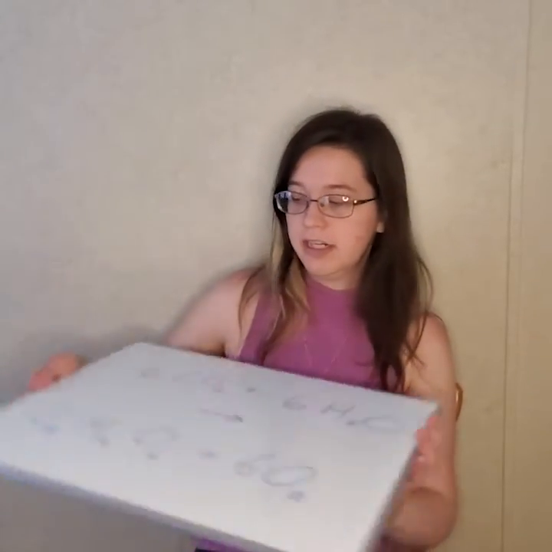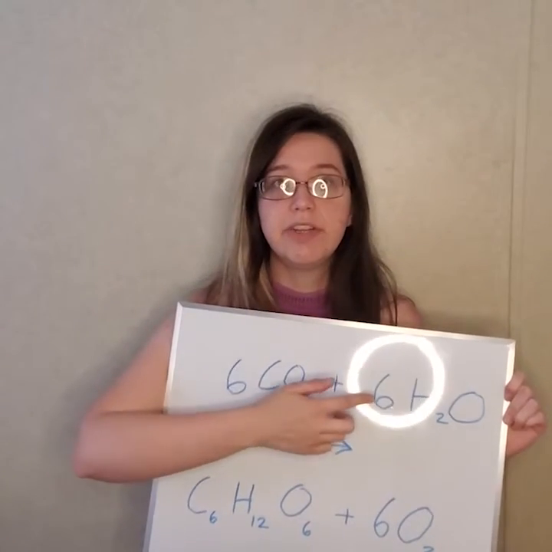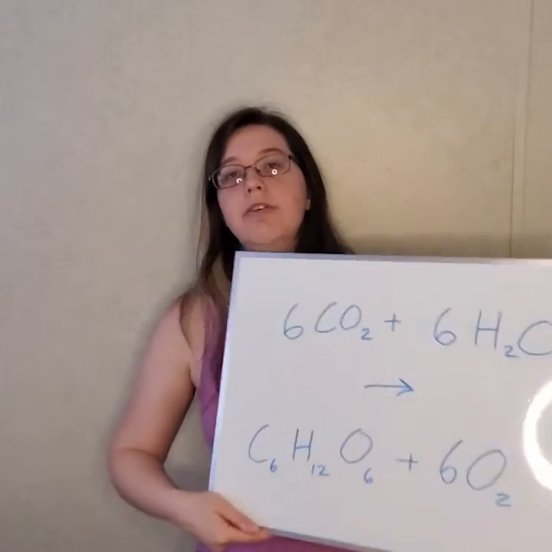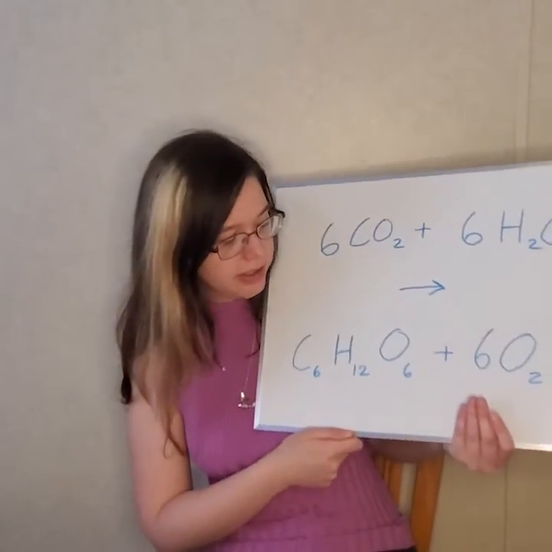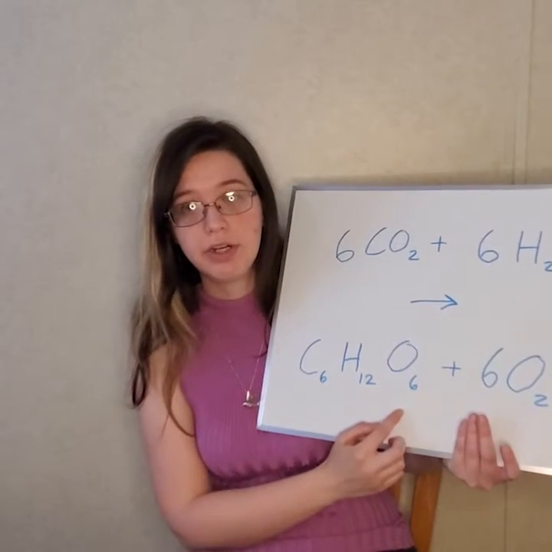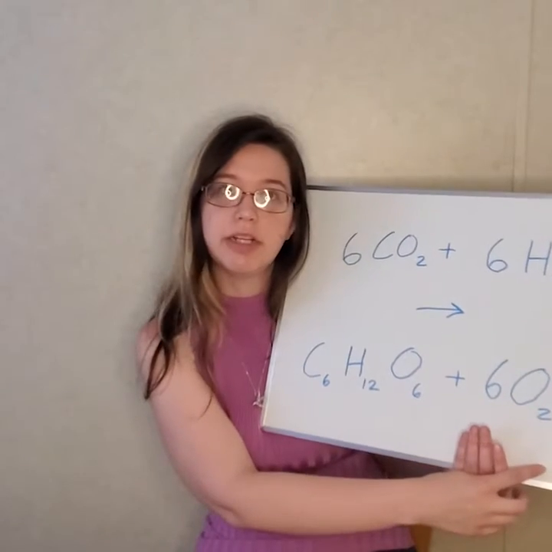Alright. The formula for photosynthesis is this: 6 CO2 plus 6 H2O, so 6 carbon dioxide and 6 water, come together to make 1 sugar molecule, in this case glucose, and 6 oxygen molecules.